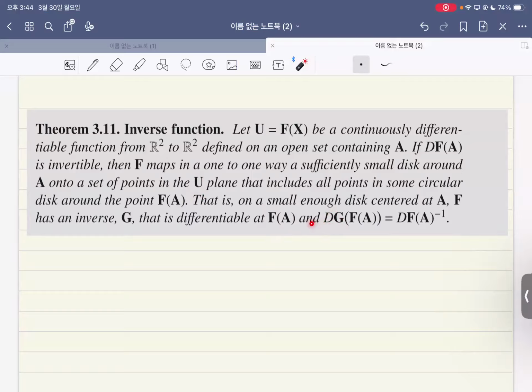Since f is a function from R2 to R2, the inverse function, which is denoted by g, is still a function from R2 to R2, so this matrix has dimension 2 by 2. It says the matrix derivative of this inverse function at this point is the inverse matrix of the original matrix derivative.